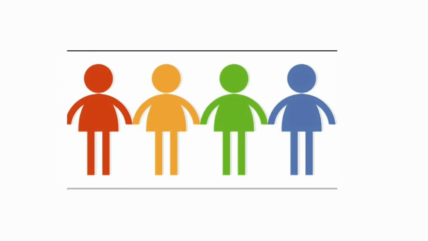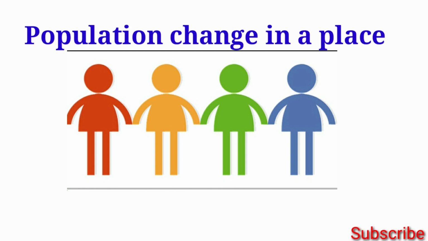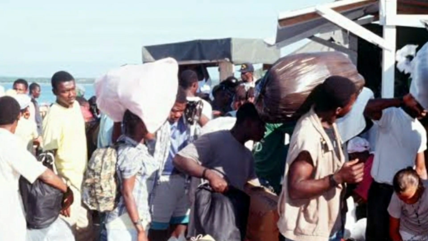How can we measure population change in a place? The population change in a place is equal to the number of births plus the number of immigrants minus the number of deaths plus the number of outmigrants. Here, who are immigrants? The persons who are migrating from other places to this place.